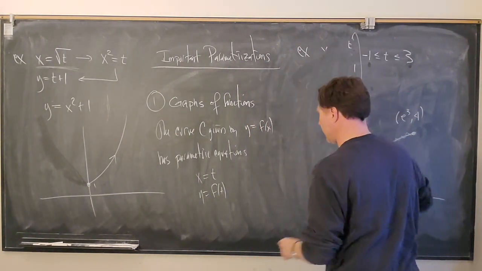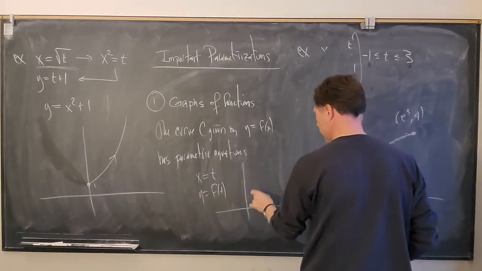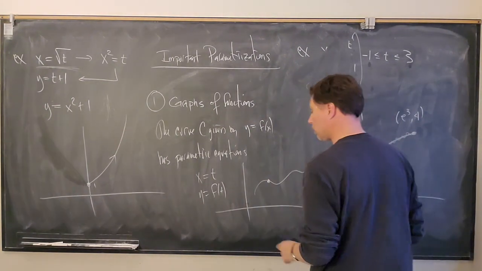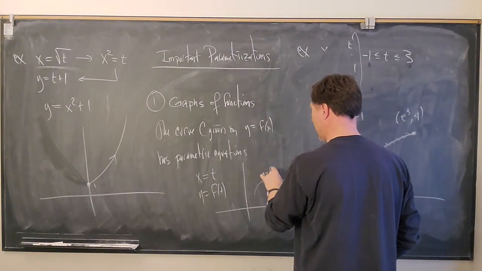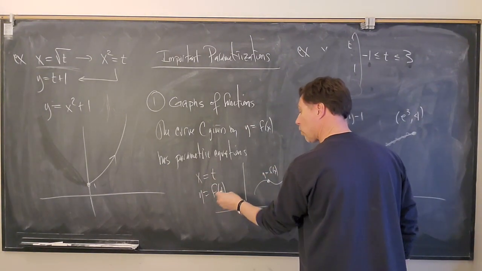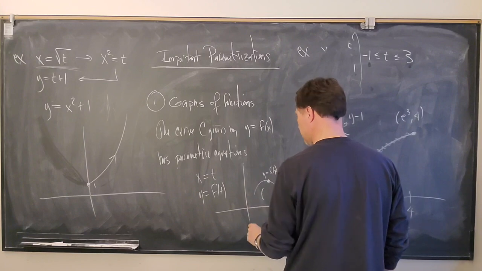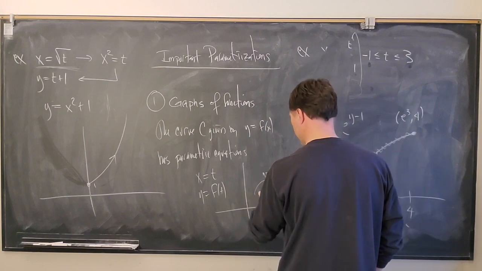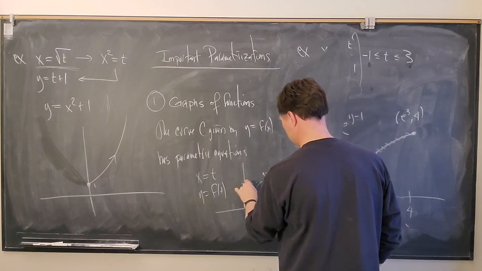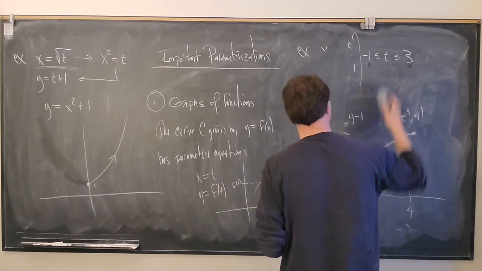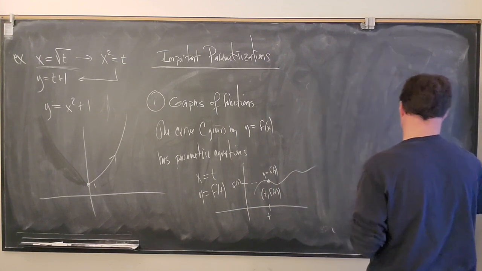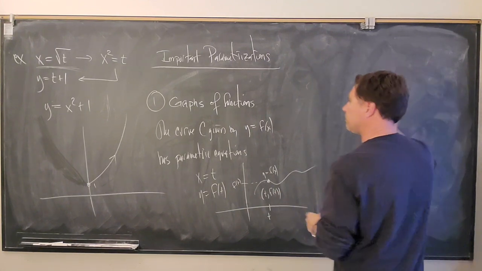So anytime you have the graph of a function, we know that each point on there is of the form y equals f of x. And so by letting x equals t and y equals f of t, we can say that this point is t comma f of t. So that immediately gives us a parameterization of the graph of any function.